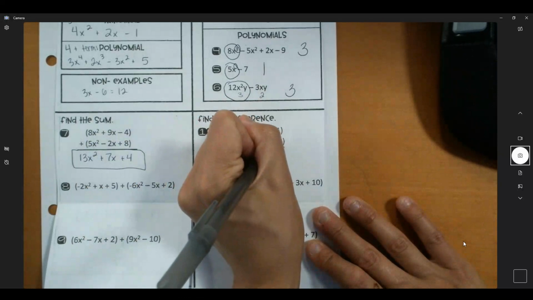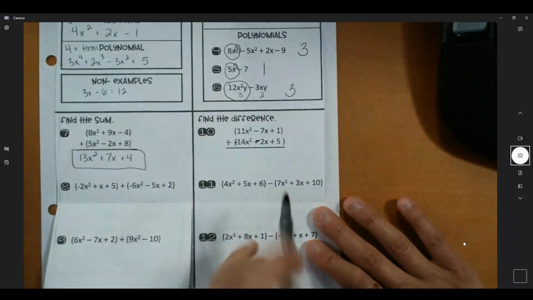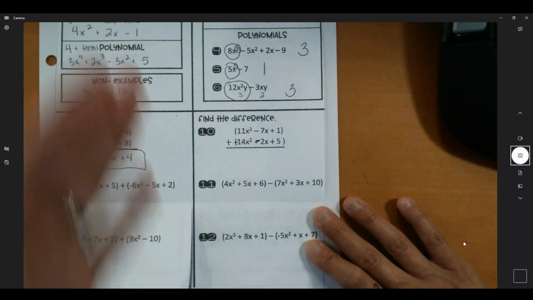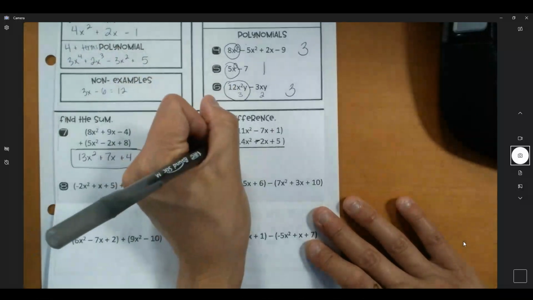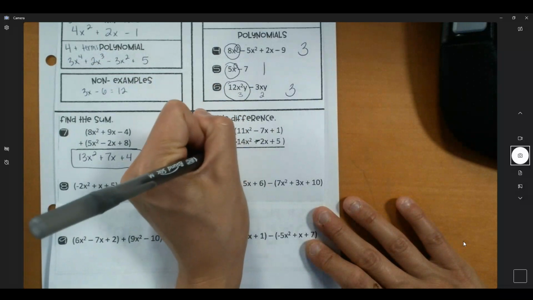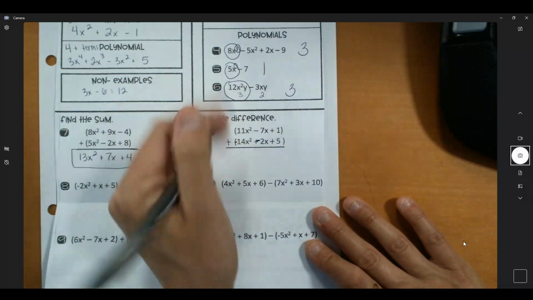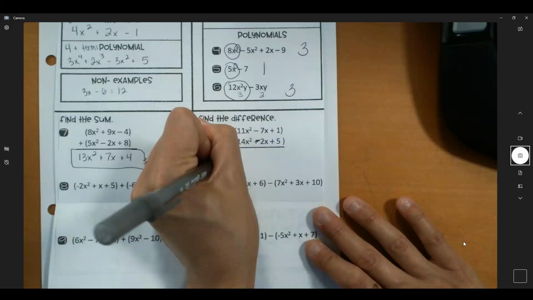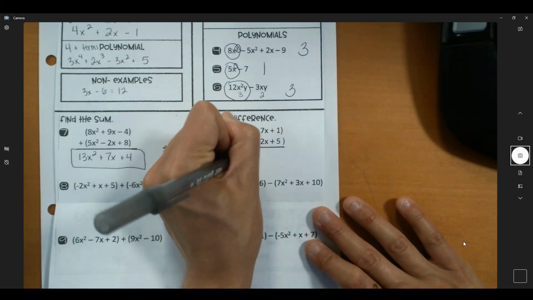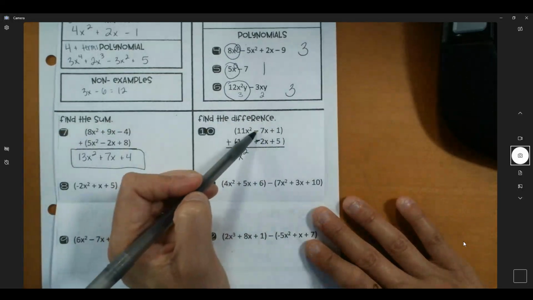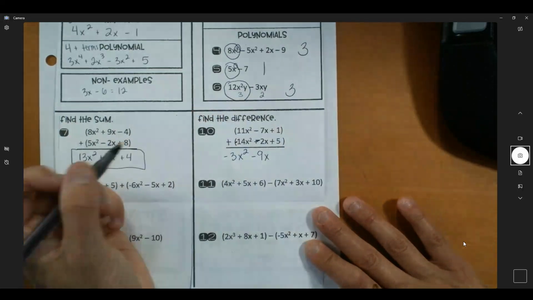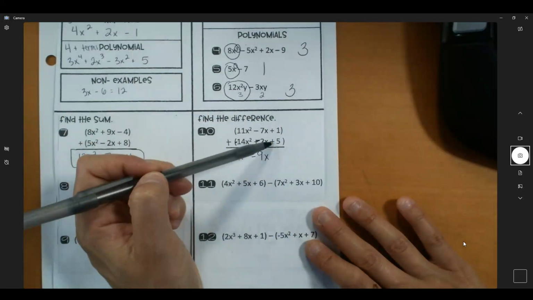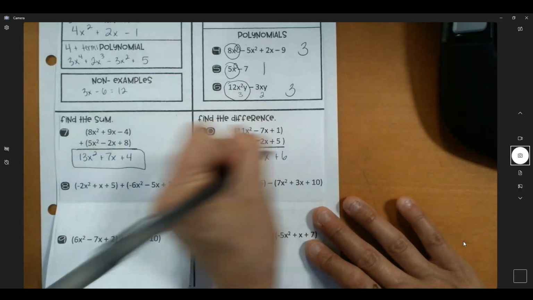And then the 5, since it's already negative, becomes a positive 5. So I had to change all that, and now we can just add like we did in number 7 here. So we've got 11 with the x squareds and a negative 14. So we're going to have negatives left over, and we'll have 3 negatives left over for the x squared. And then here we have a negative 7 and a negative 2. So combine those together, and you get negative 9x. And 1 and 5 add together to be 6.